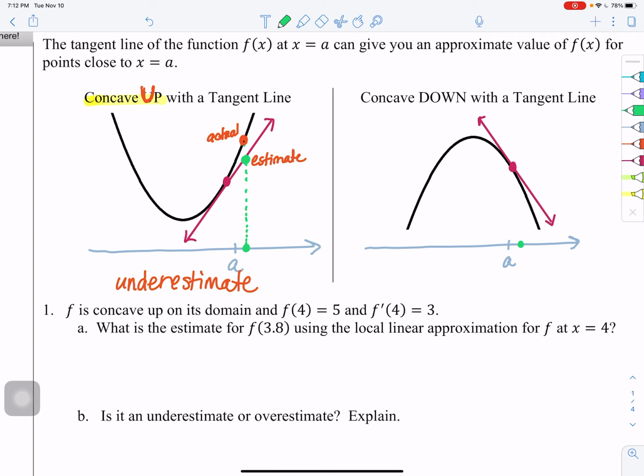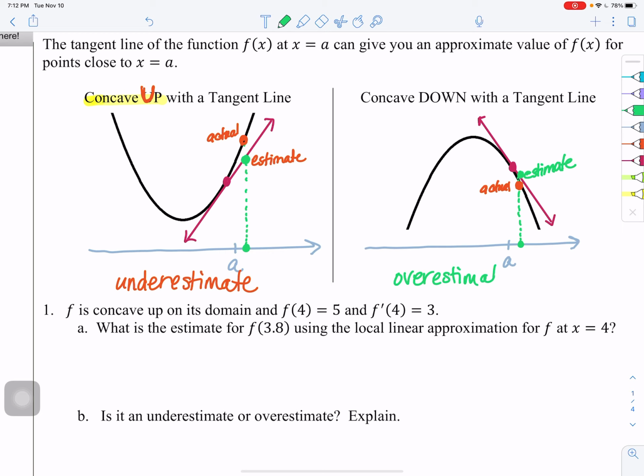Now we're really supposed to be much closer. So that y value, we would approximate it with this line would be there. Now the actual is actually here. So this is the actual and this is the estimate. So you can see that we have an overestimate this time.